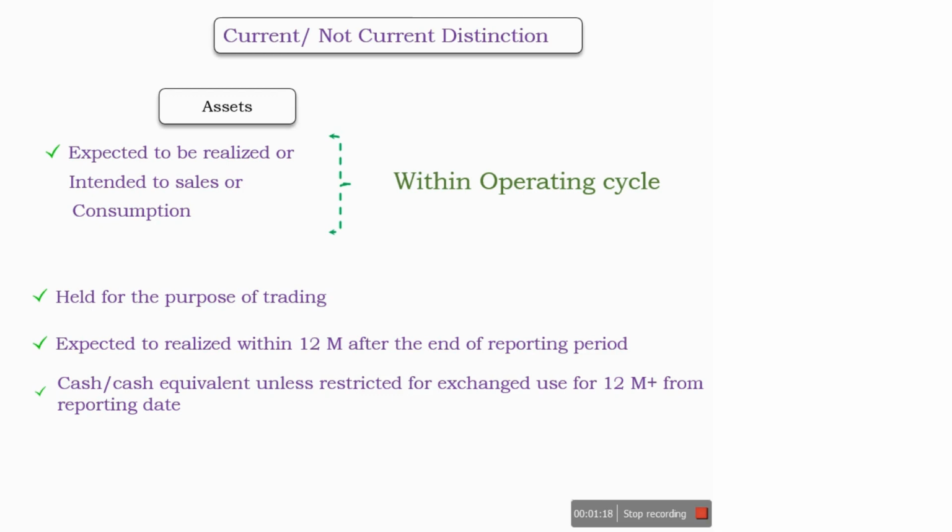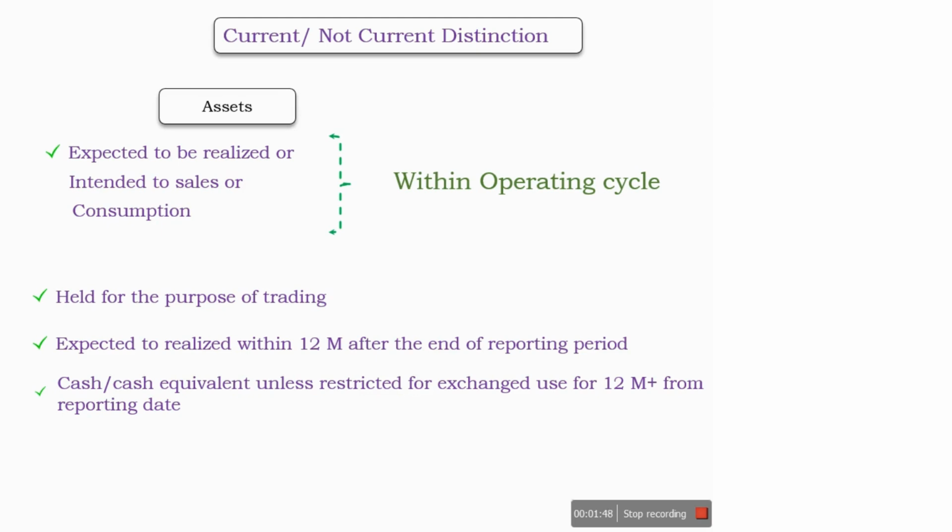Let's take one example. If we have some slow-moving finished goods inventory that is expected to be realized in cash beyond the operating cycle or beyond the 12 months period, how is it to be classified as current or non-current? In this case, we need to check all four conditions. The fourth condition is out of scope because it is not cash.